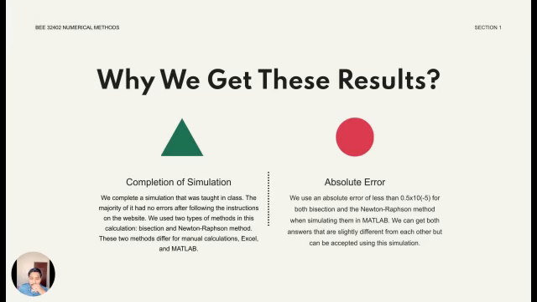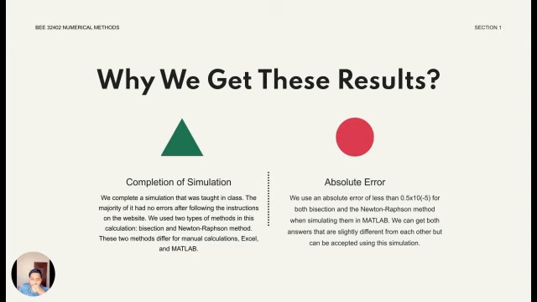Right, we go to our next slide, which explains why we get this result. There are two points that we want to explain: completion of simulation and absolute error. For completion of simulation, we completed a simulation that was taught in class. The majority of it had no errors after following the instructions on the website. We use two types of methods in this calculation, bisection and Newton's method, and they differ for manual calculation, Excel, and also MATLAB.